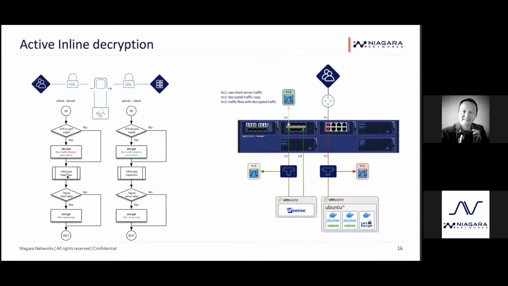So once the traffic comes out of your inline inspection appliance, we look at the label. Does it have a label? Okay, then we have to re-encrypt the traffic and send it to the client or to the server, depending on the flow. And if it doesn't have a label, then we don't have to send it through to the encryption engine, and we can forward that traffic immediately to the egress port.